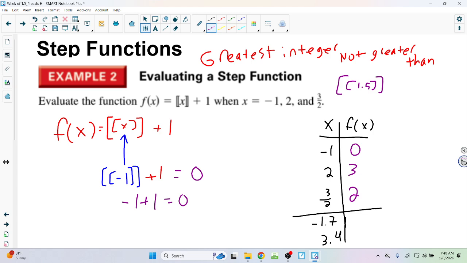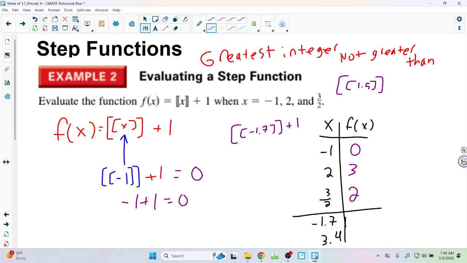Okay, let's try -1.7. We're going to take -1.7 and round that down. What's that going to round down to? Debate on this one. It's -2, right? Because you're rounding it down, you have to go smaller.